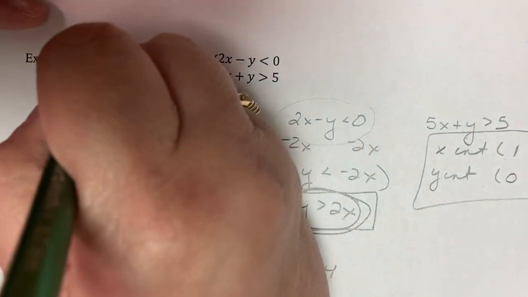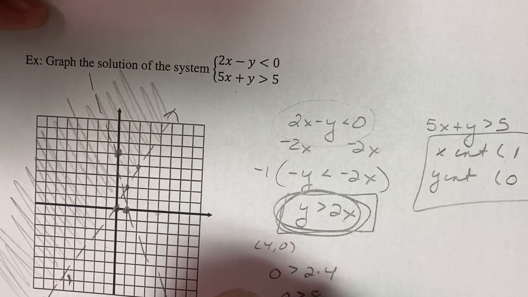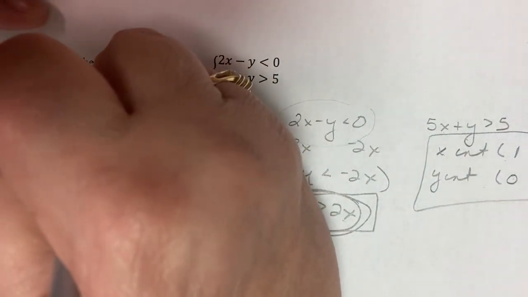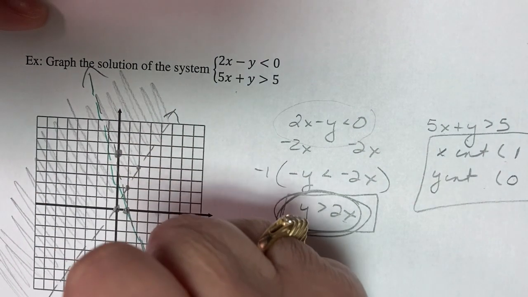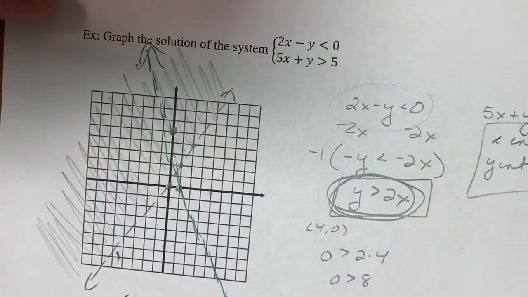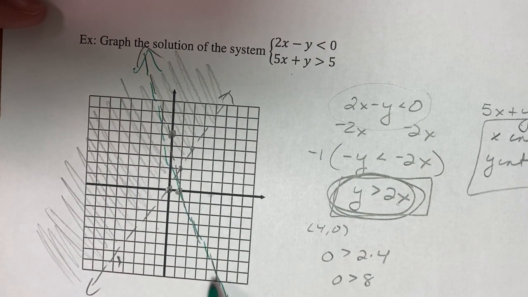It's again a dashed line. I'm going to do this one in my green pen, actually. You can use colored pencils, whatever you want to do. So here's my line. It's in green.